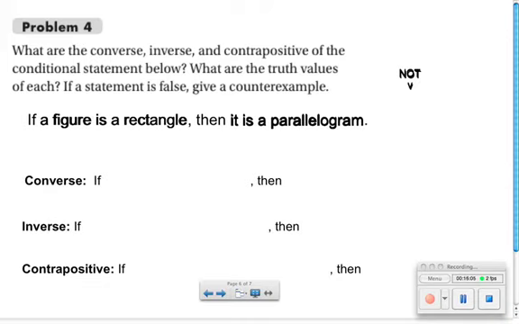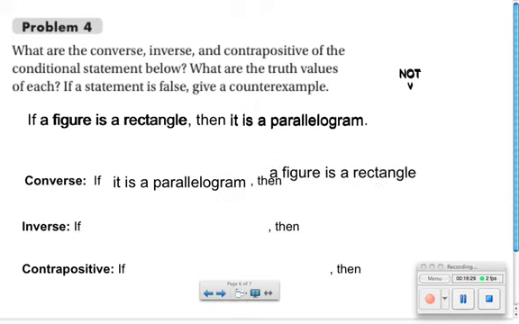Can I get one person to please click and drag the hypothesis, conclusion, not if it's appropriate? Yes, Adrian, hit it. You're just clicking and dragging. That's exactly it. Yes. So in your notes, you might want to jot down that the converse of that original statement is if it is a parallelogram, then the figure is a rectangle.